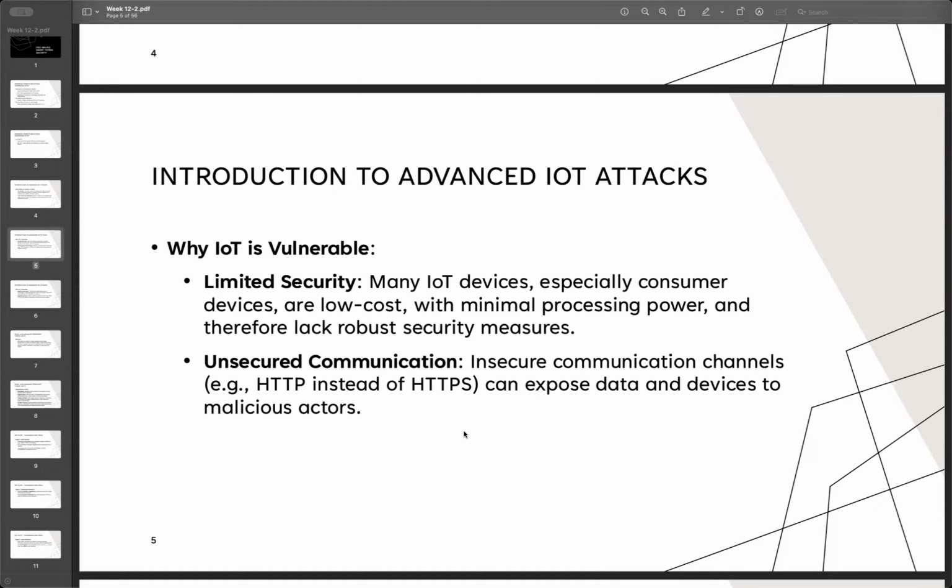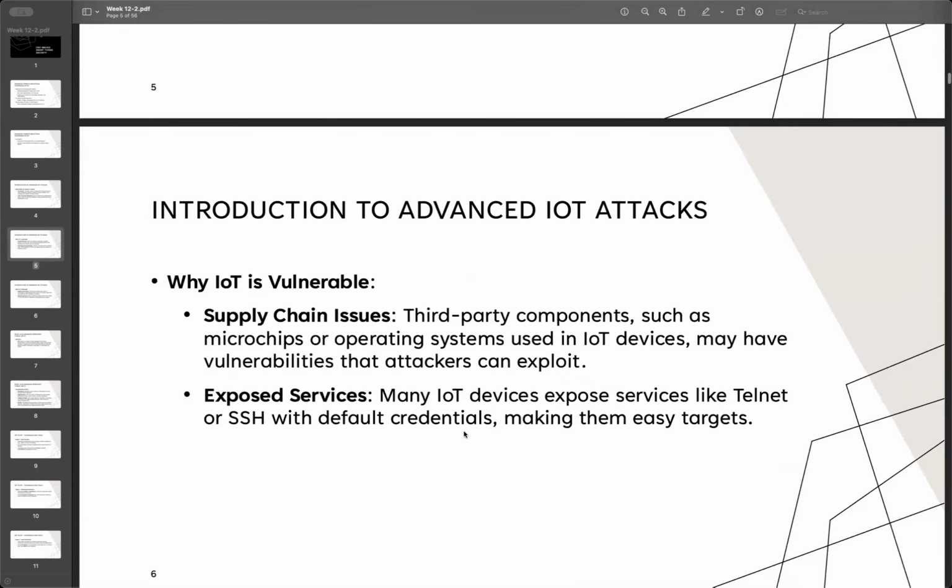They may use HTTP instead of HTTPS. Even when you purchase a router, sometimes it comes by default as HTTP. If you're more advanced, you know how to switch to HTTPS. But if they stay on HTTP, it's easy to expose data and those devices to malicious actors.